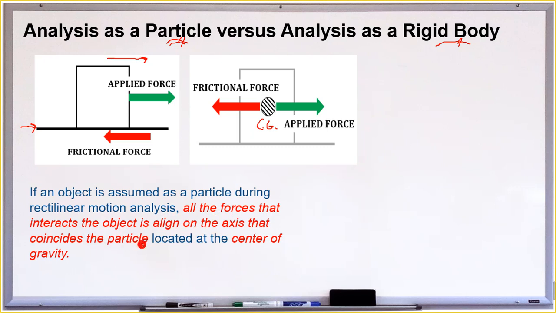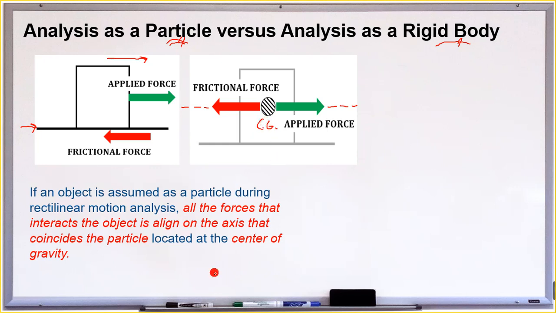We align those forces and put them on an axis that coincides with our center of gravity. This is our horizontal axis, and it coincides with the center of gravity. So that is what we did in the previous lesson.